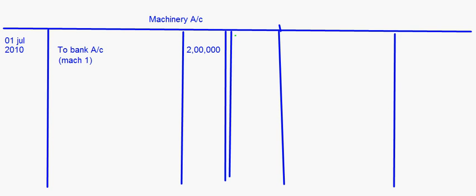It's not there for the whole year. From July up to December, it is 6 months: July, August, September, October, November, December. So you have to provide the depreciation for the first year, 2010, only for 6 months and not for the whole year.